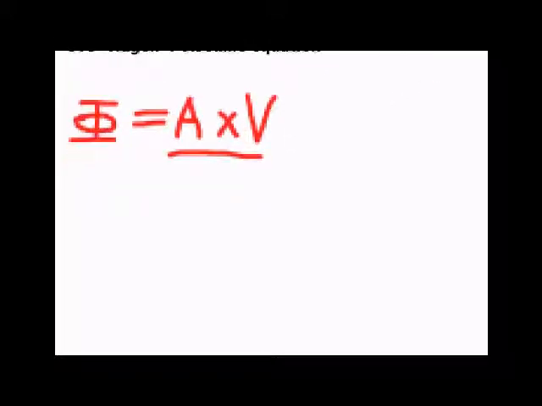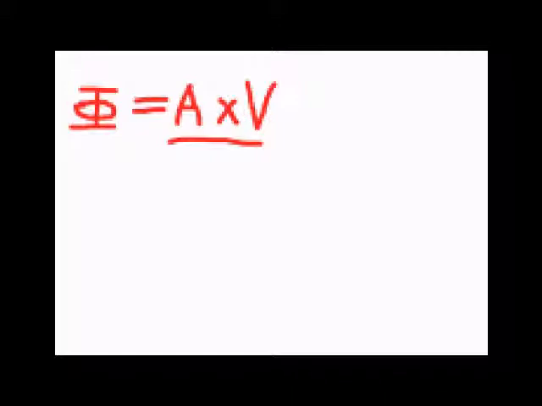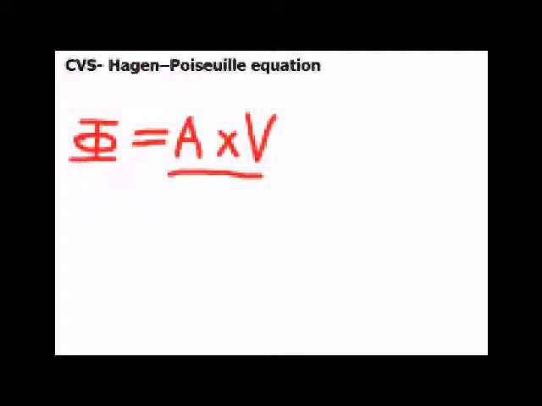But there are a number of factors that can influence area, and a number of factors that can influence velocity, and we're going to be thinking about the derivation of Poiseuille's law. We're going to try and derive Poiseuille's law through a series of first principles.